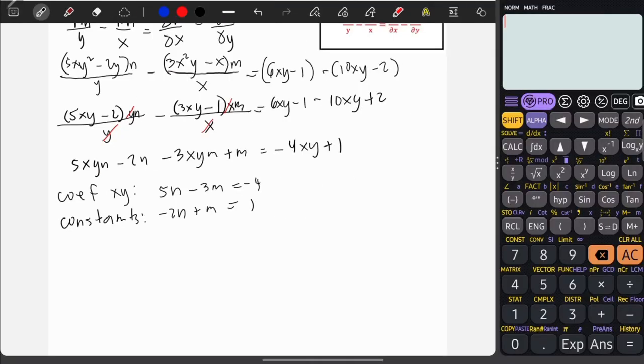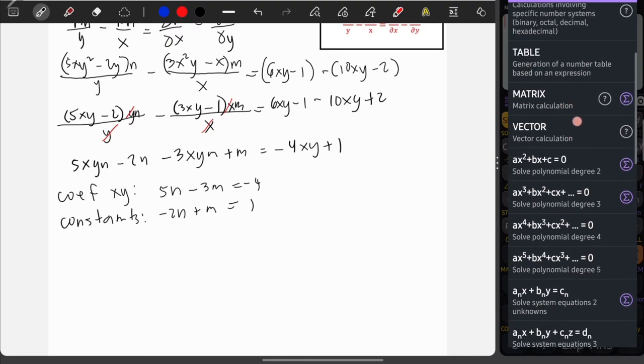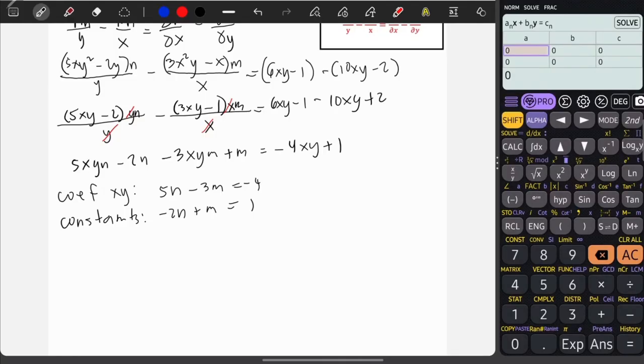We can automatically get the values of n and m using our calculator. So go to equation, then choose a sub n x plus b sub n y equals c sub n. Two unknowns, two equations. So the coefficient of n is 5.